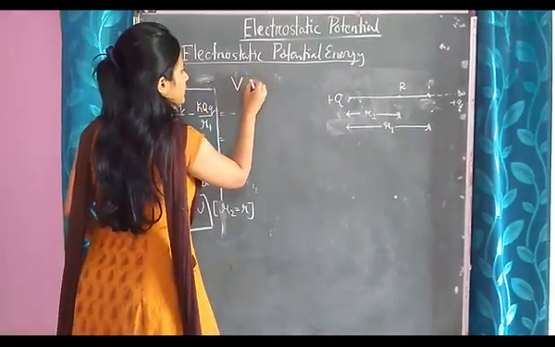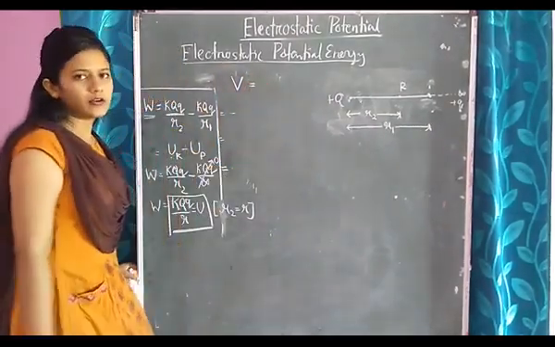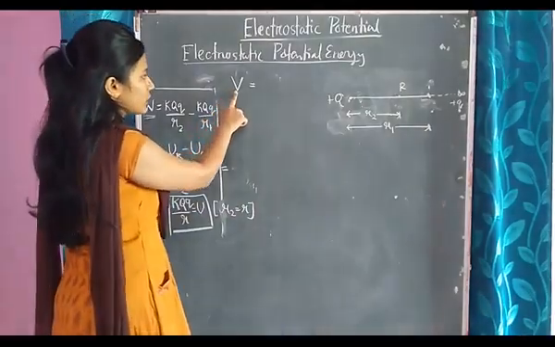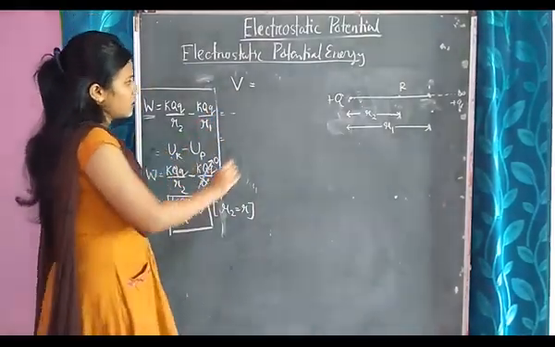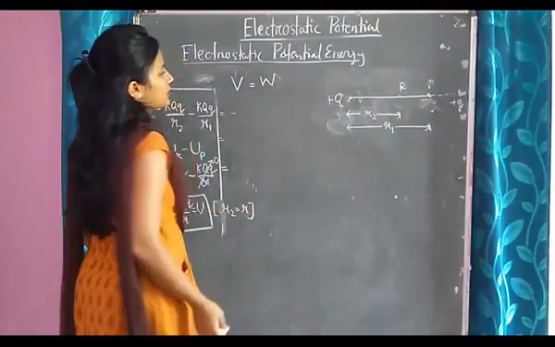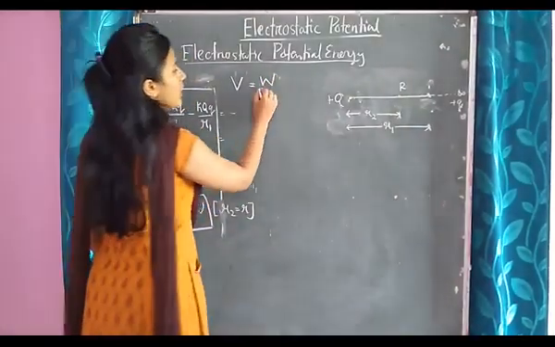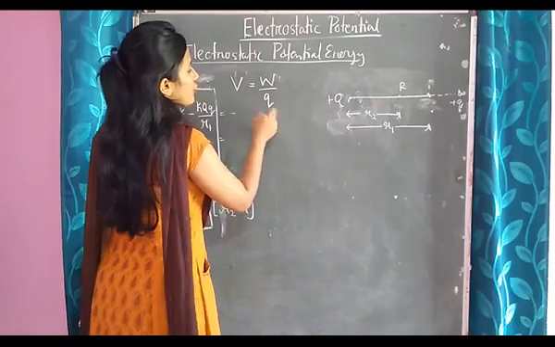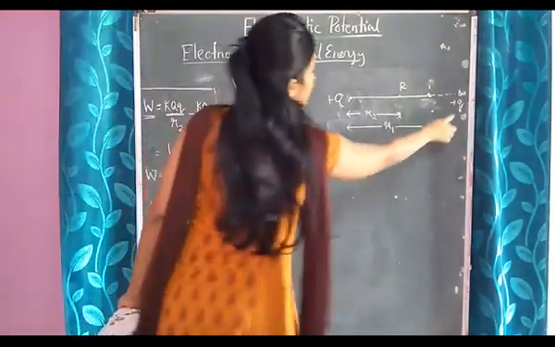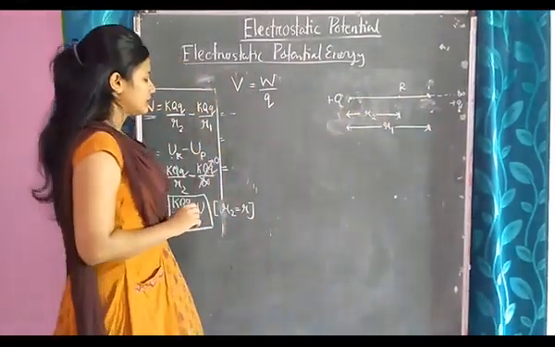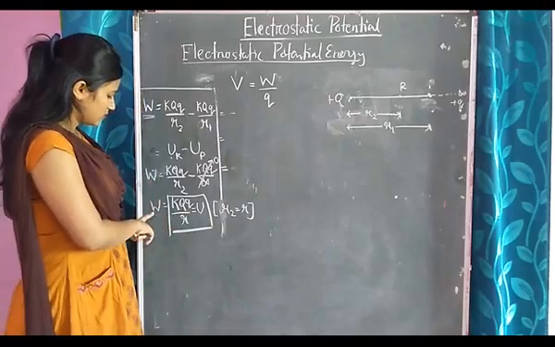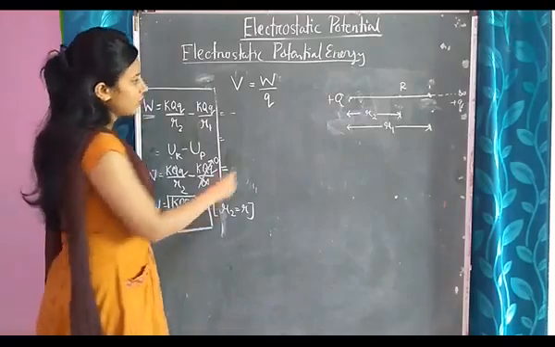Potential, we will define it by a letter V. Electrostatic potential is the work done in bringing a unit charge from infinity to that point. That means we got this value.